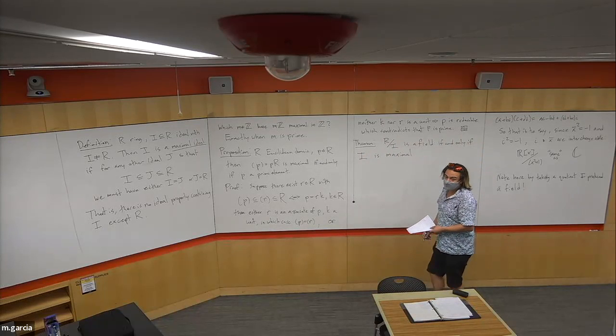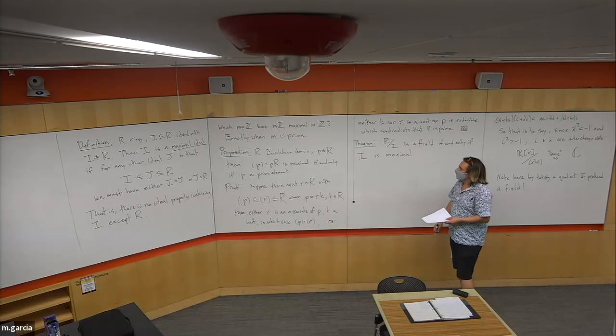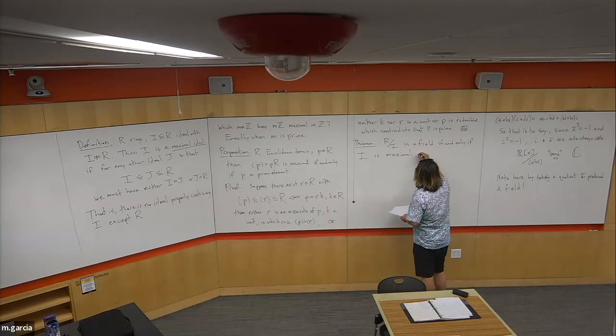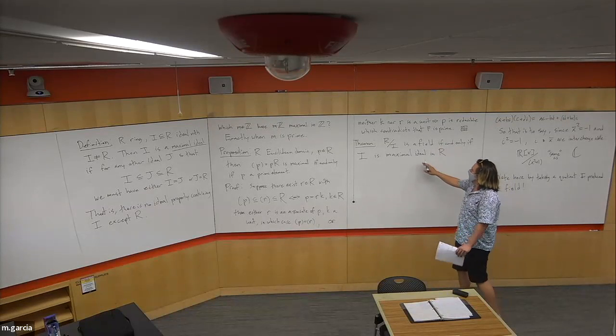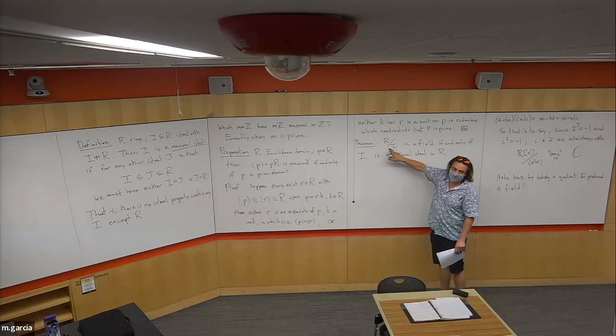A pretty nice result, right? I is a maximal ideal in R. Yeah, good. Ideal in R is kind of implicit because I wouldn't be able to pick it up otherwise, but yeah, that's what we're saying.